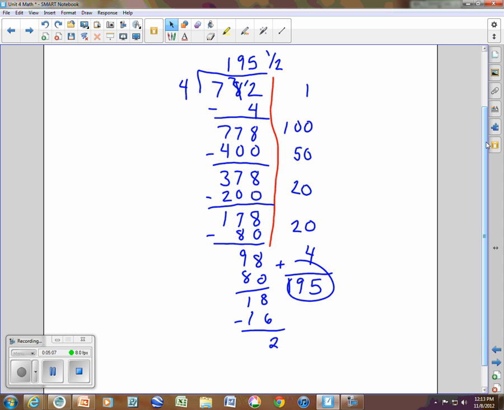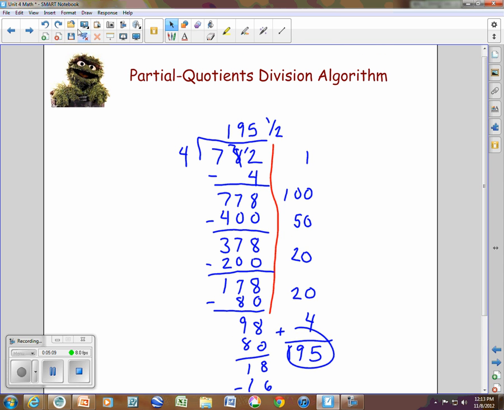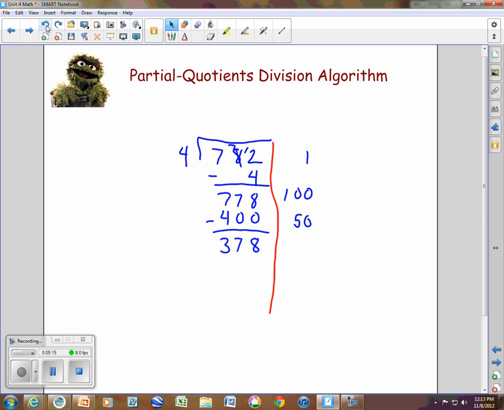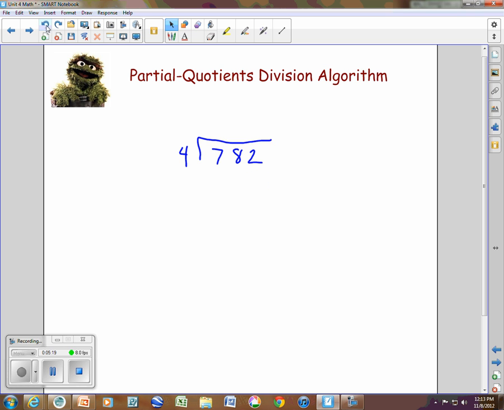So I'm going to show you that from the beginning and talk about the different parts. There we go. So it looks like a traditional division bracket. And what I do is I draw a straight line down the side. And this is where I keep track of the chunks of 4 in this case that I'm taking off of this dividend of 782.